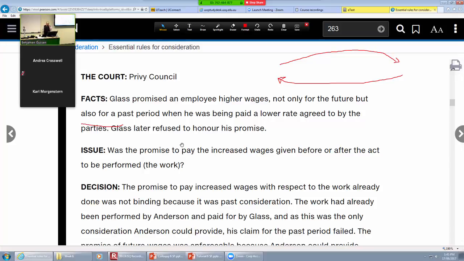Okay? So he's an employee. This employee was promised higher wages, not only for the future, but also for a past period, when he was being paid a lower rate agreed to by the parties. Glass later refused to honor his promise.